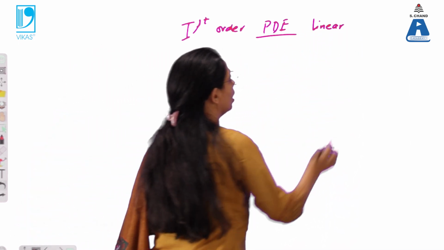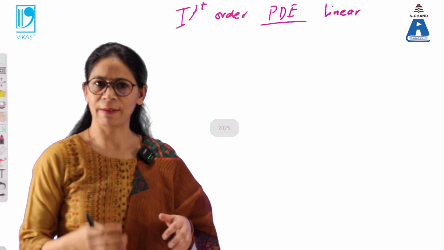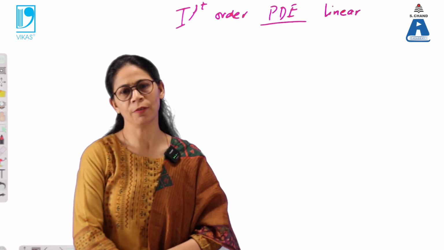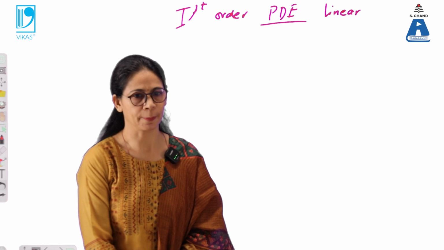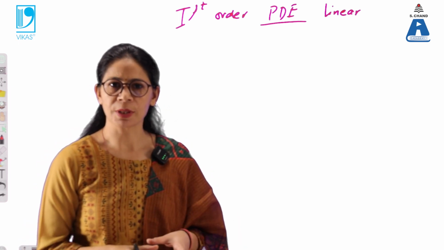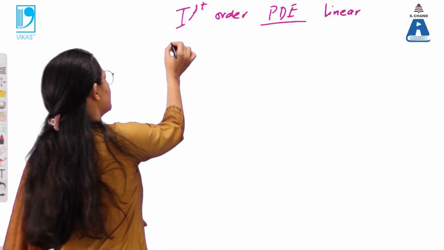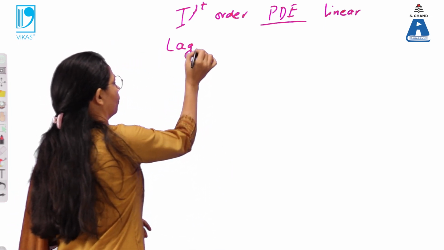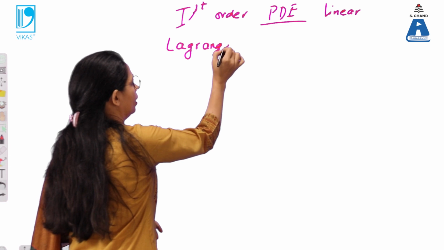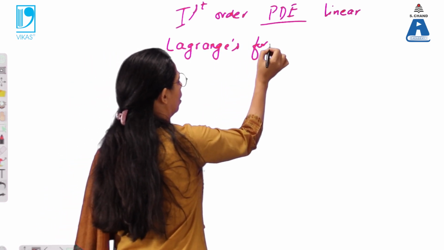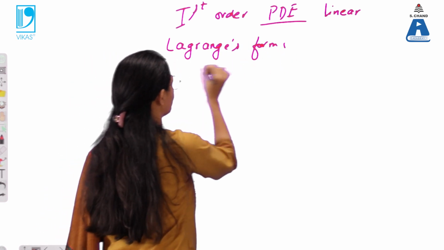Linear and order we have discussed in our previous videos where we started the partial differential equation. There are certain forms of first order partial differential equation, and one of the forms is called Lagrange's form.